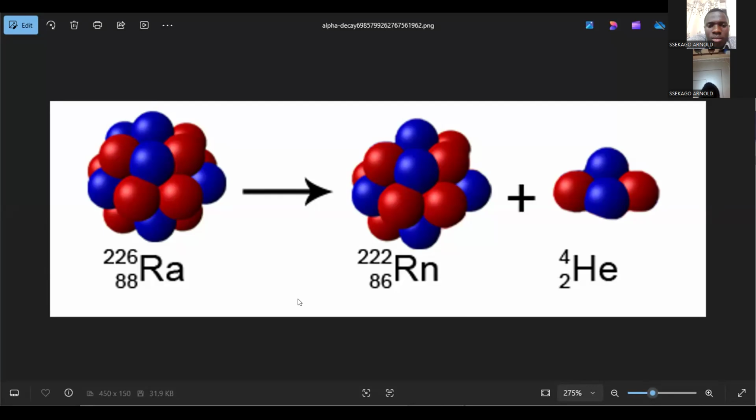What I want you to establish is what will be formed here, given that this particle is gamma, not alpha. Just like you've done in the previous activity that had beta. So if this is gamma, what will be here? That's what I want you to establish.